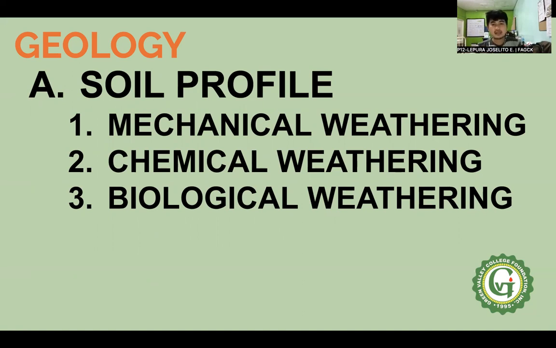Pero pag ginagamitan ng chemicals, it's chemical weathering. Even a rock left on your table will be worn down, because in the atmosphere or in the air, merong presence ng different chemicals. Kaya nga siya nagkakaroon ng chemical weathering. And biological naman, again, it's the combination of your mechanical and chemical weathering.